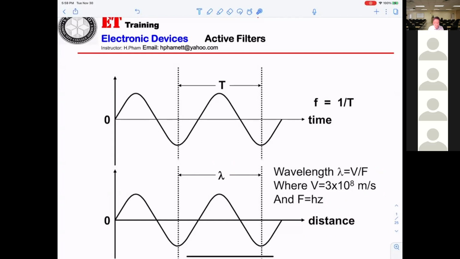That's telling you how long the signal's period takes in space. The wavelength is the distance the signal occupies in space.